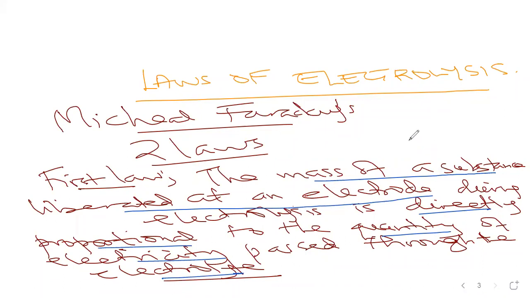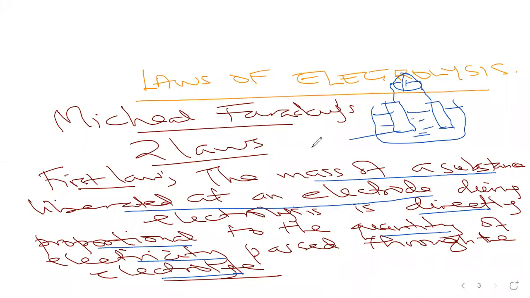If you're electrolyzing copper II sulfate solution using a copper anode and a copper cathode, the quantity of electricity passing through this electrolyte will determine the amount of copper that will be deposited at the cathode.